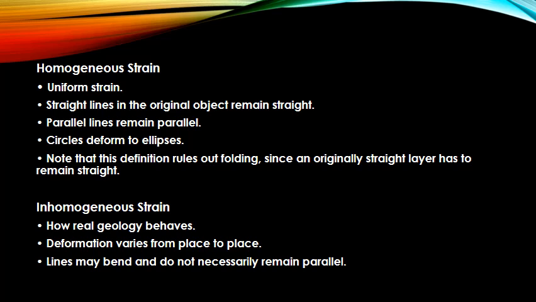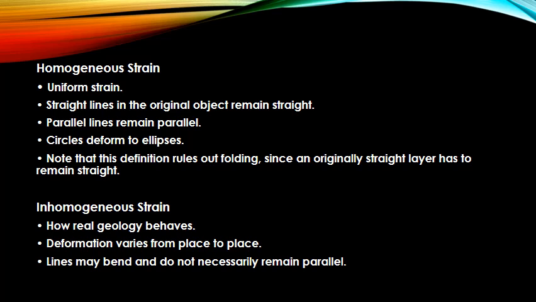After that there is the next concept, known as homogeneous strain, also called uniform strain. Straight lines in the original object remain straight, parallel lines remain parallel, and circles are deformed into ellipses.